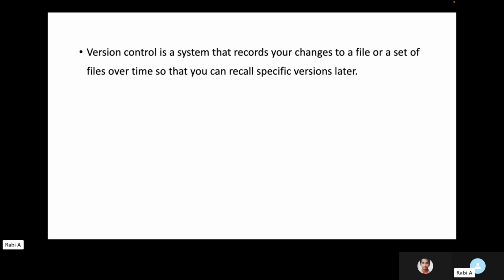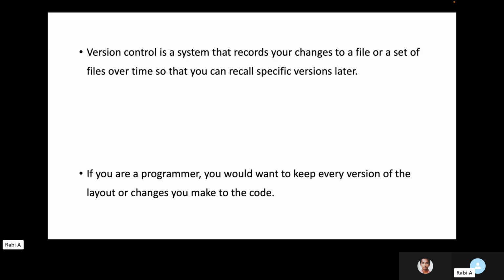Now, what's the advantage of this? Let's say, for example, you deploy something to production and it fails. You have 10 people in your team. How will you know who made that change, who deployed it, when this change was done, or why this change was done? That's where your version control system can be useful to keep track of all these things.